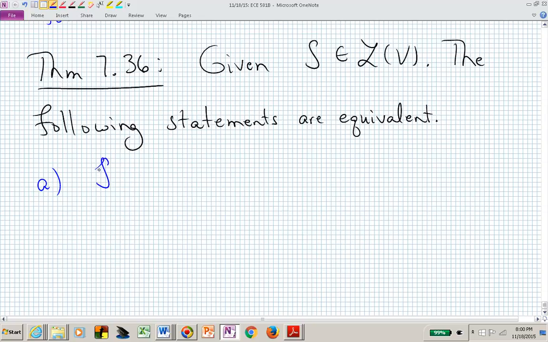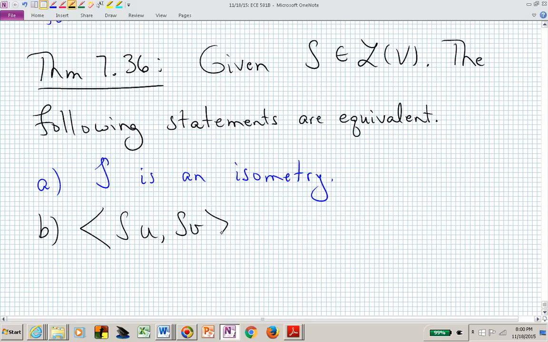So let's say that the first statement, A, is that S is an isometry. That's equivalent to statement B, which says that if we take the inner product of Su with Sv, that's the same as the inner product of u with v.